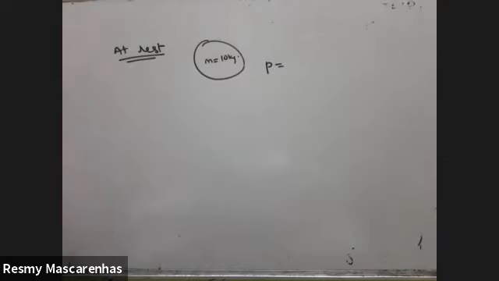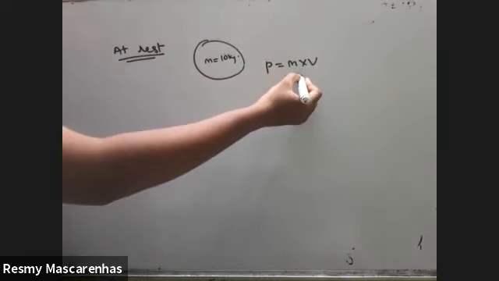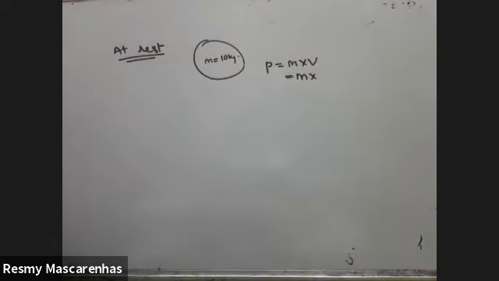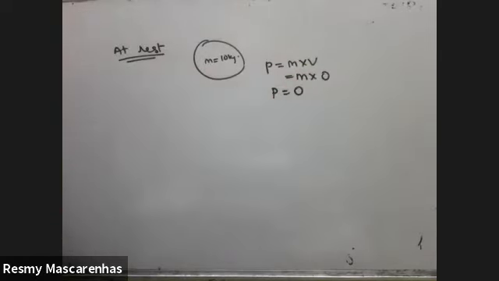Think of the product. What is the formula? M into V. Mass will always be there. At rest, what is the velocity? If the object is not moving, the speed will be 0. So remember, momentum of any object at rest is 0.